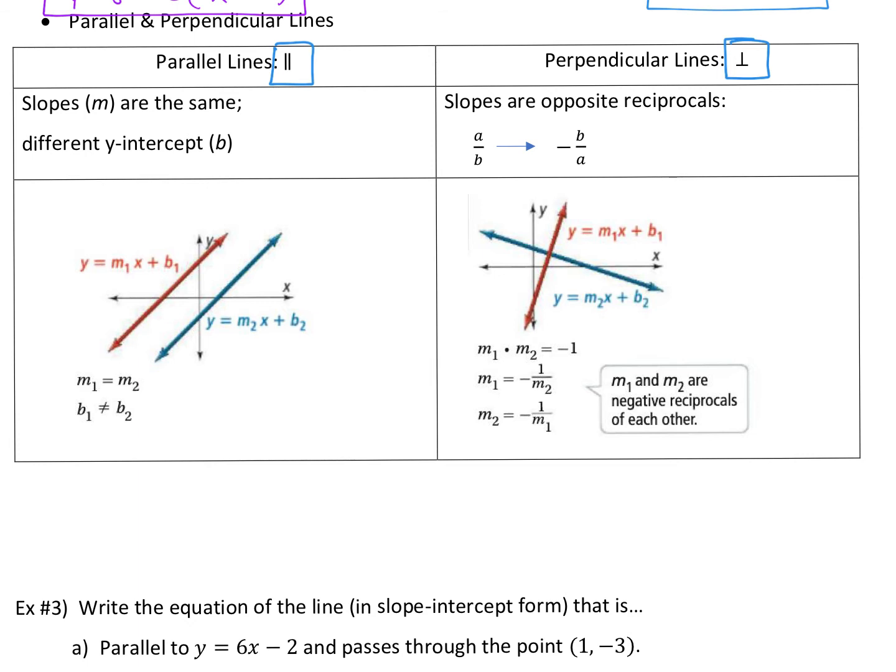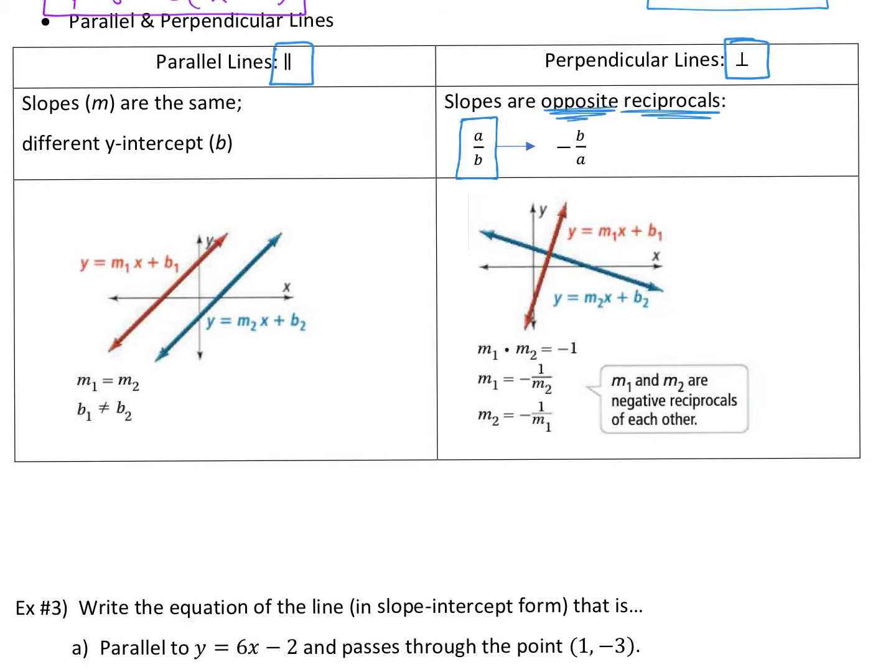Do you remember perpendicular slopes? I feel like, is this the flip it and rip it that Mr. Samuelson does? Does anyone remember that? Or maybe that's with a different one. If you have a slope of A over B and they're going to be perpendicular, they are what we call opposite reciprocals.